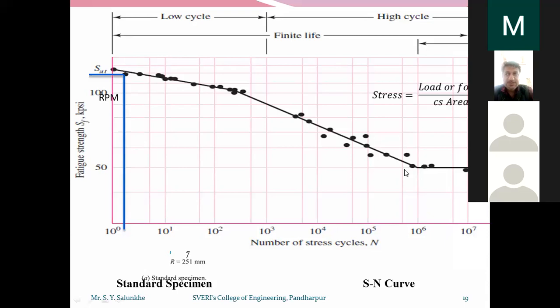Likewise, invention is taking place, and if you invent a new material, then definitely you have to go for this testing, and you have to draw the SN curve for that particular material by obeying the guidelines of ASME and by making that standard component. Get it? Yes, sir. Okay. So can we go further? Yes, sir. Okay.